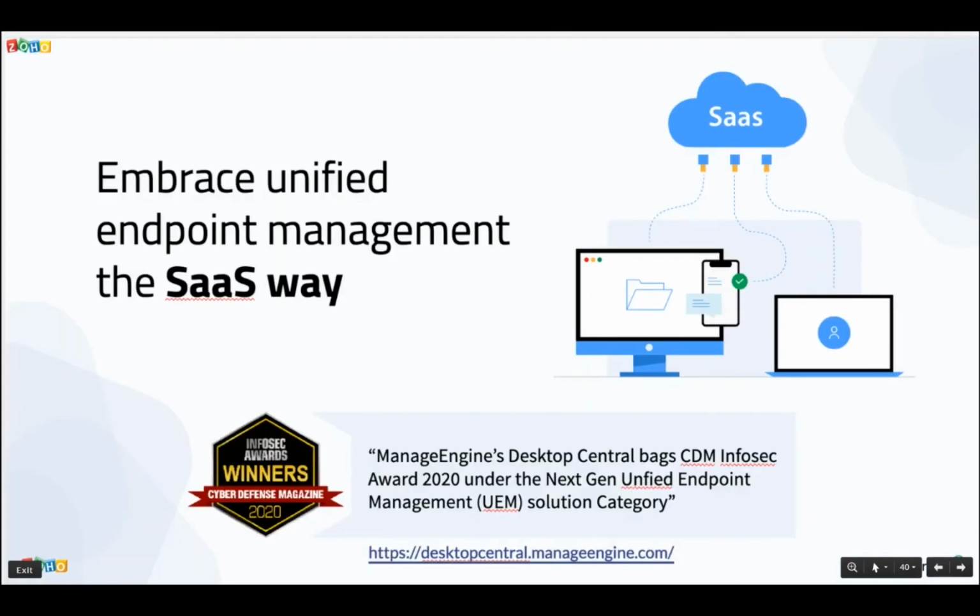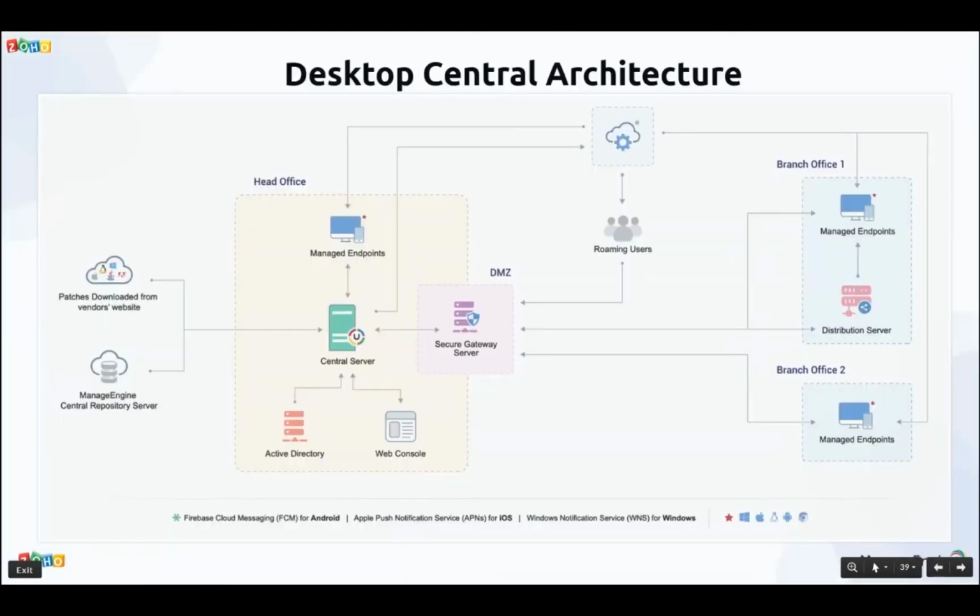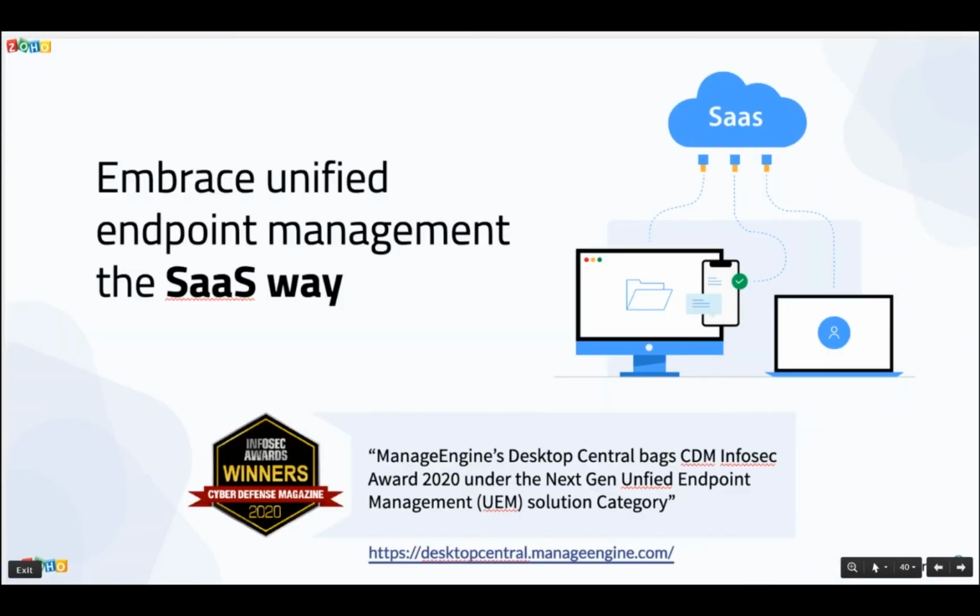All these things that we are talking about here under the Desktop Central server and the secure gateway server are taken care of when we talk about the SaaS way of Desktop Central. In Desktop Central Cloud, you have all those things, including the security certificate, secure gateway, the Desktop Central server, the maintenance part of it, the upgrade part of it.